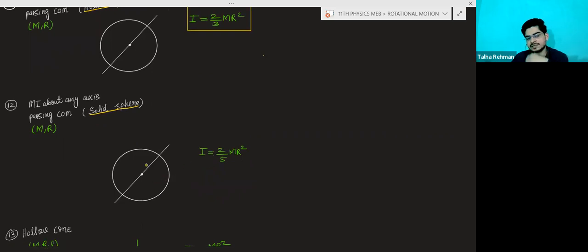M is the mass, R is the radius of this solid sphere. Okay.